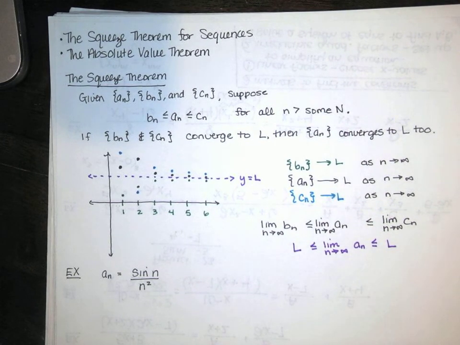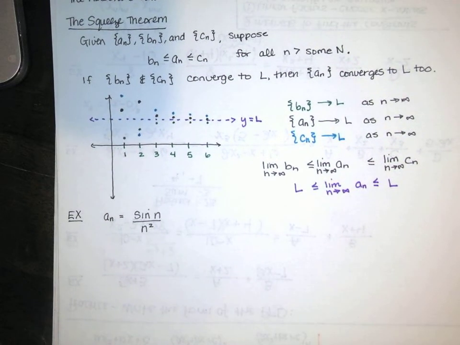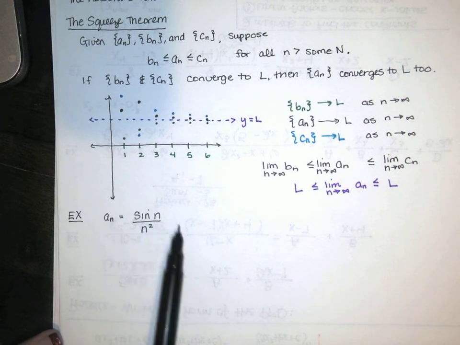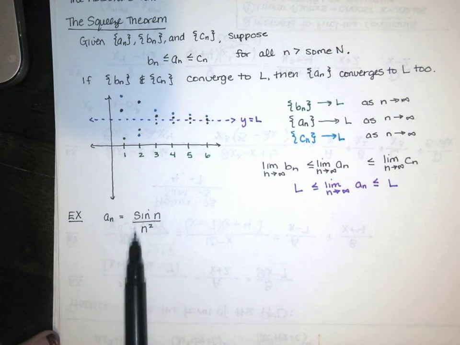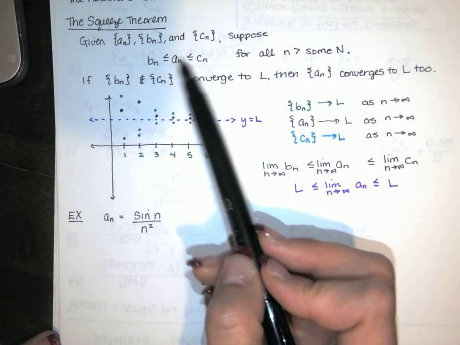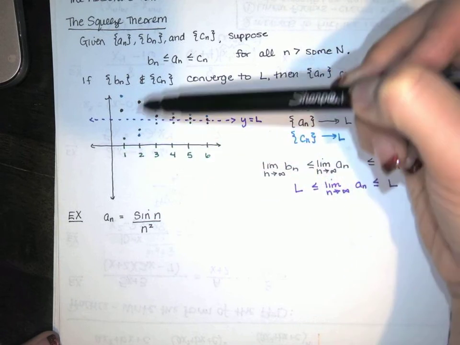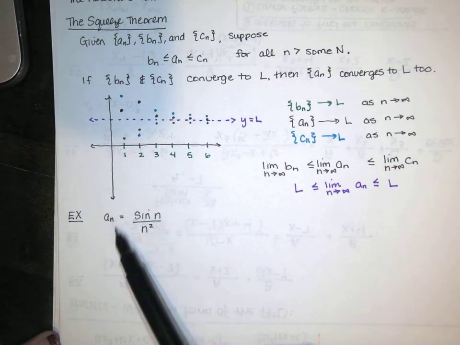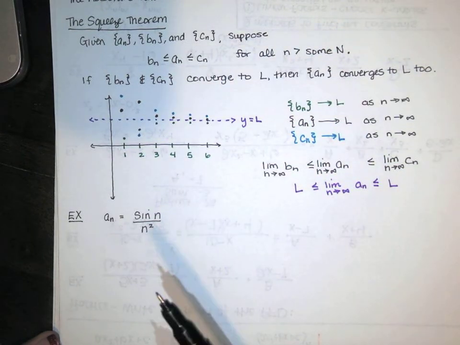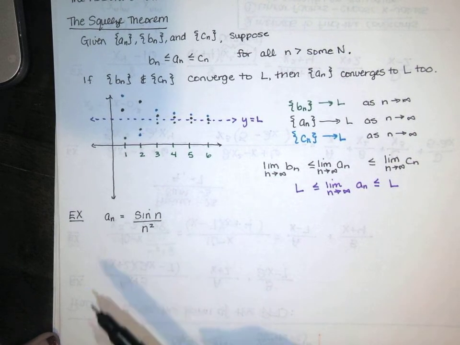Okay, so here is a sequence where I might use the squeeze theorem to show that it converges. Now it's not 100% obvious that the squeeze theorem applies here. In order to use the squeeze theorem, I need a sequence on the left and the right, or graphically it's going to be below and above the terms of the sequence that I'm looking at, the sequence A sub n equals sine of n over n squared.